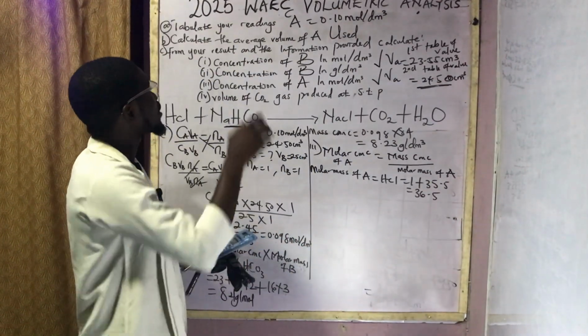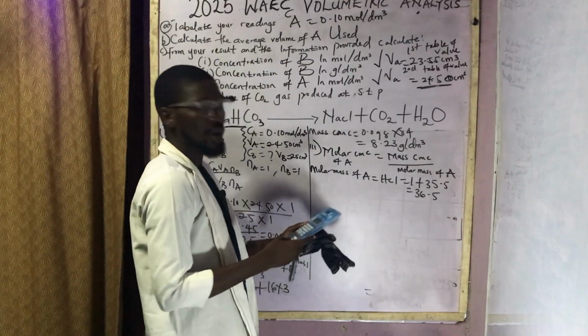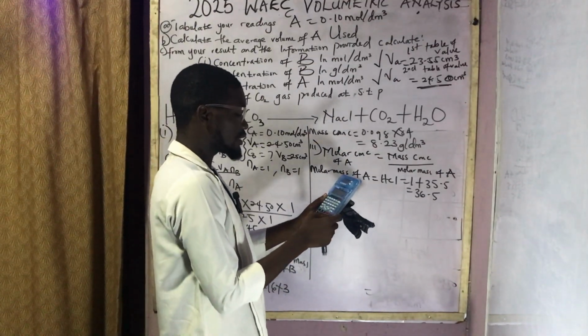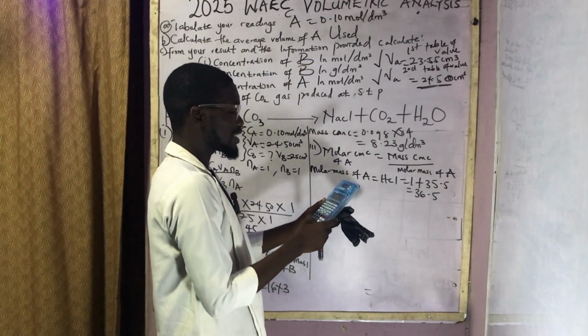So for us to have our A, it is 0.10 divided by 36.5.